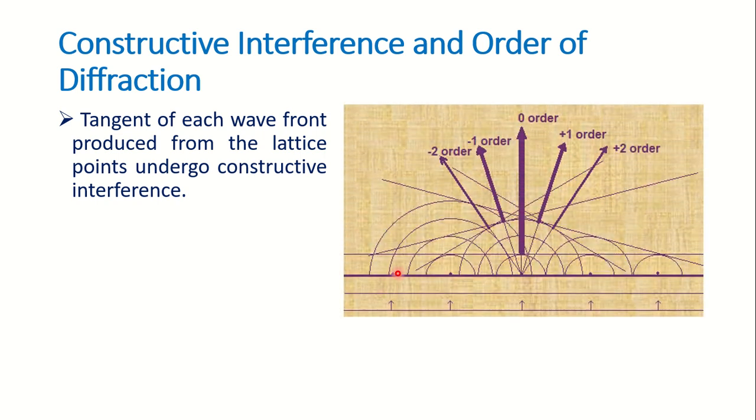So this is a point source, this is a point source, this is a point source, this one and this one are point sources. Let us take, for example, this point source, and these are the wavefronts arising out from it. This is a wavefront, this is a wavefront. Now this is the second point source on the right hand side, and this is another point source on the left hand side.